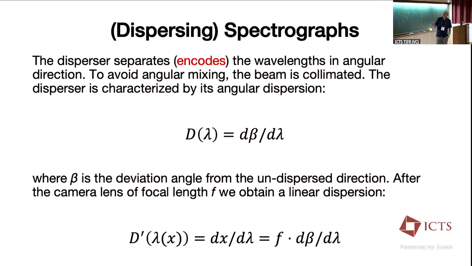Here I define the angular dispersion. So it's d beta over d lambda. By how much is the beam deviated as a function of wavelength? If I have a strong dispersion, d beta over d lambda is large, so I can separate angularly the wavelengths much more than if I have a small number.